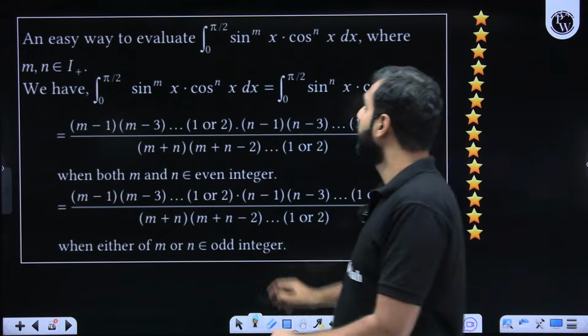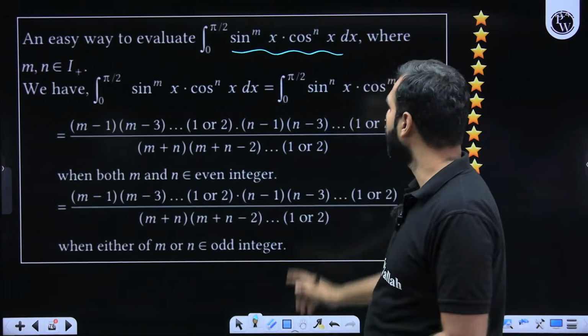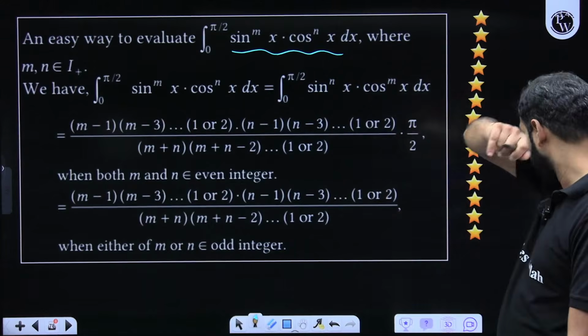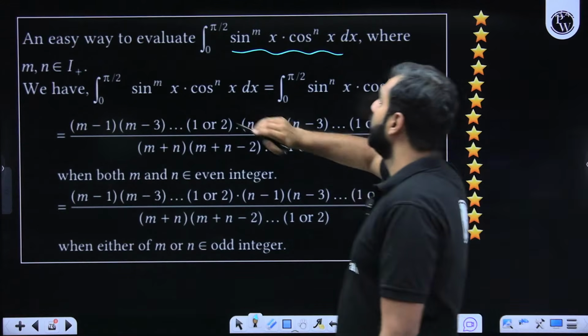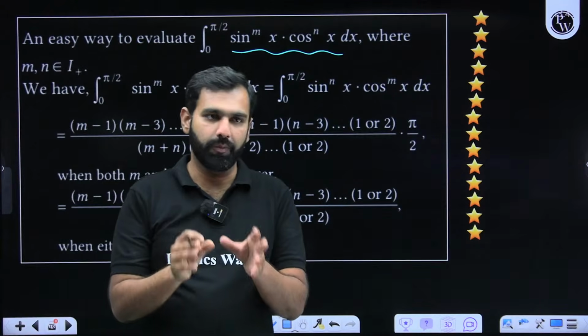Let's say sin x into cos x, where sin x is raised to a certain power m and cos x is raised to a certain power n. These m and n should be natural numbers, and the limit is 0 to pi by 2. Then there are two possibilities.